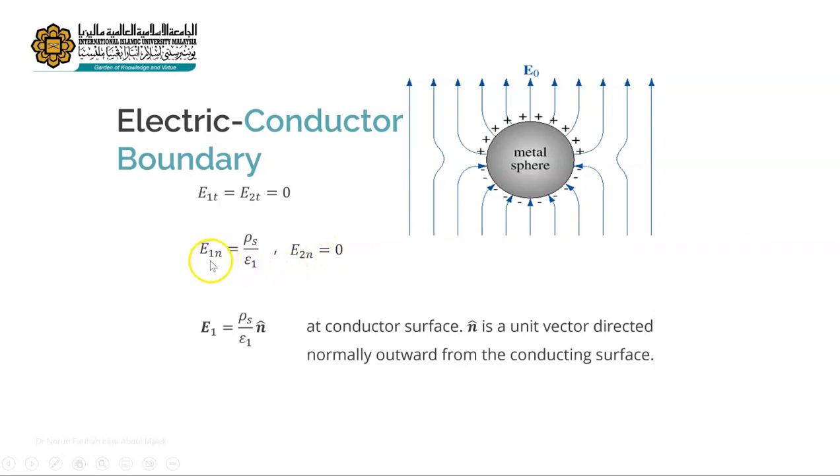So now you can find out what E1N is. So E1N is equal to rho S over permittivity of material 1. So at the conductor surface, E1 is equal to rho S over permittivity of 1 times n hat. So n hat here is a unit vector directed normally outward from the conducting surface.